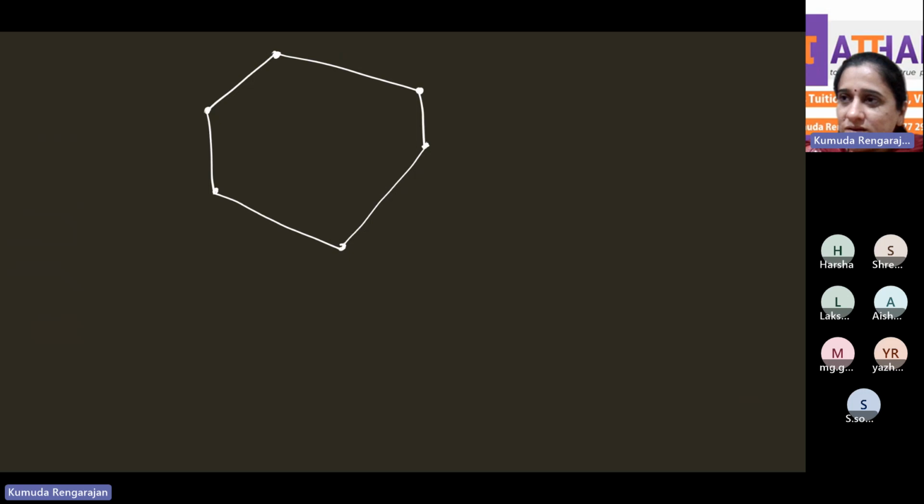Now from this vertex, connect the non-consecutive vertices. Connect this vertex to the other non-consecutive vertices. So from here like this, then from here.